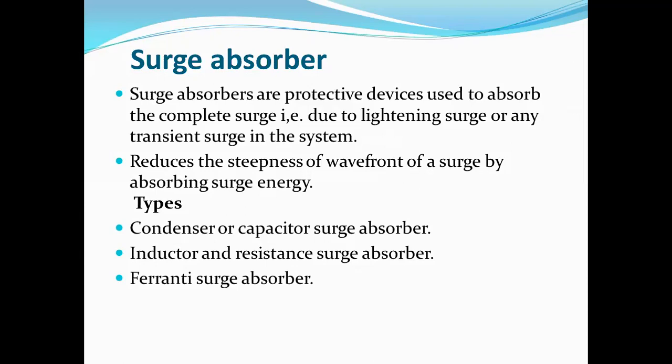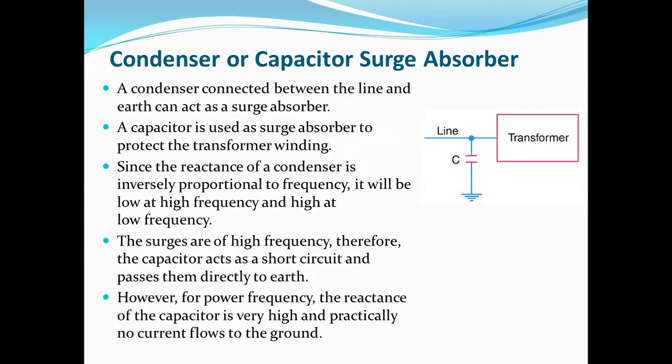There are three types of this surge absorber. First is the condenser or capacitor surge absorber. Second is inductor and resistance surge absorber. And third is the Ferranti surge absorber. And we have seen them one by one.